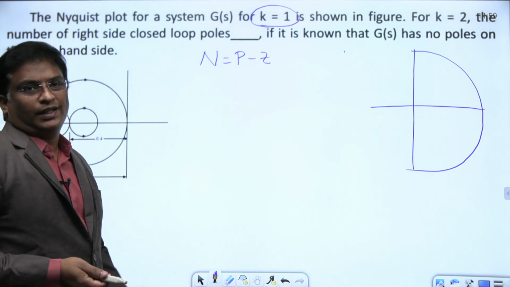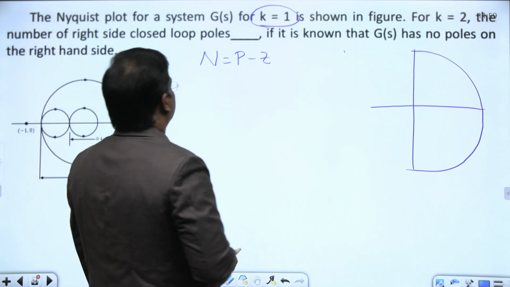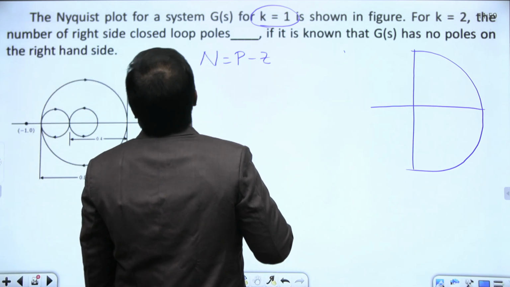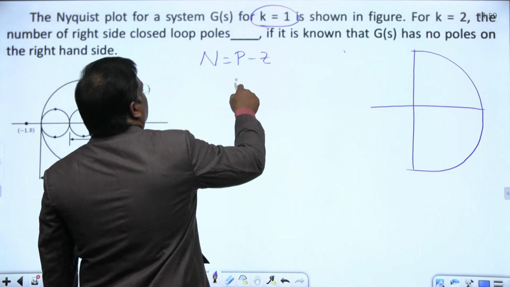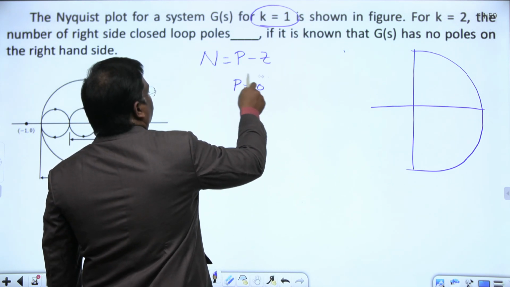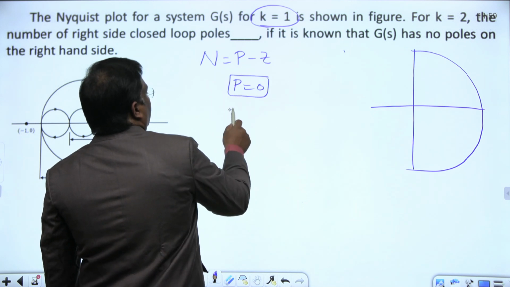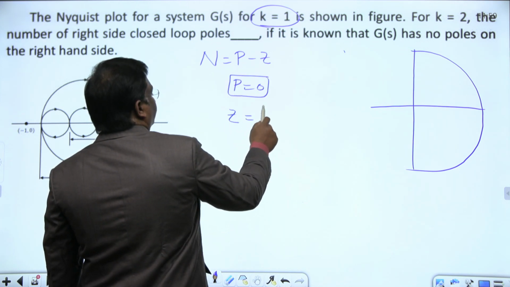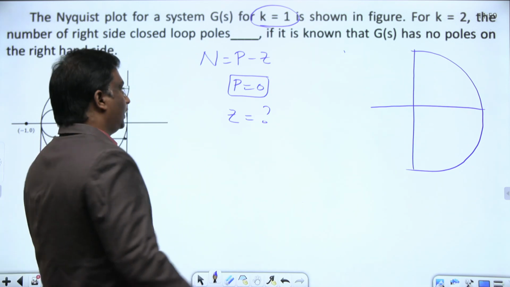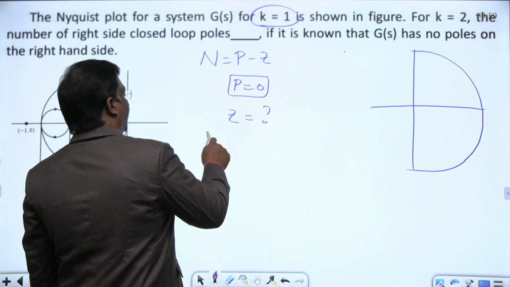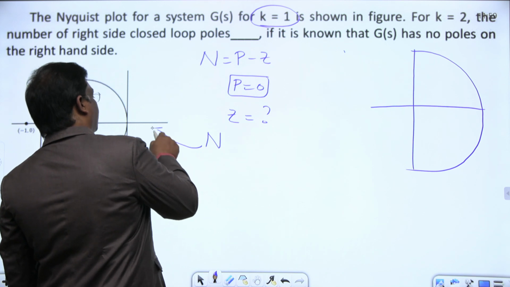Right now the information given is P equal to 0, and Z is not given. They are asking us to determine Z, the closed loop poles, and the number of encirclements, based on this information.